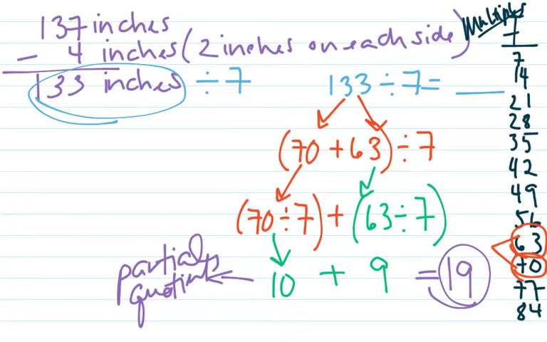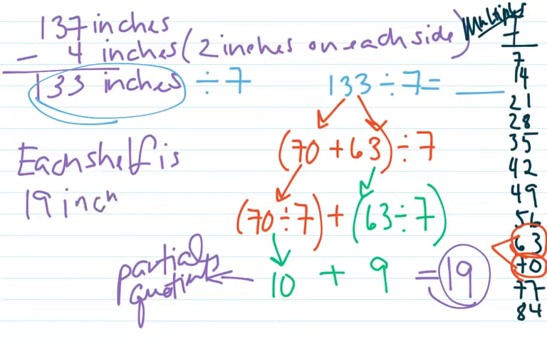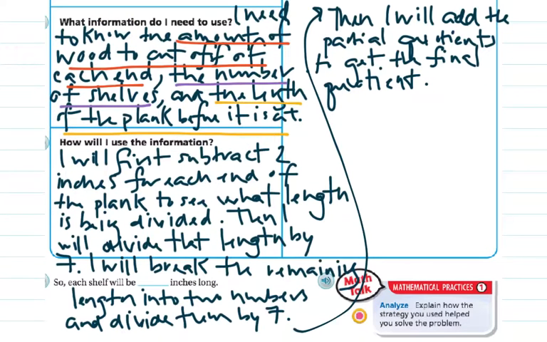So that means that each shelf is 19 inches long. And what I can do is use inverse operations to check that. I can say to myself, 19 inches times 7 shelves.